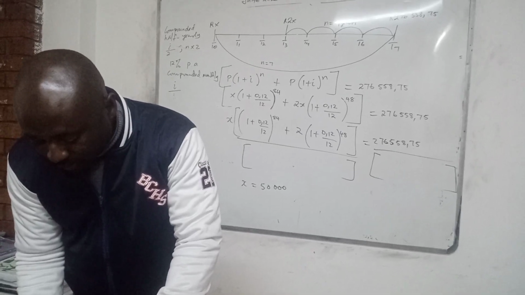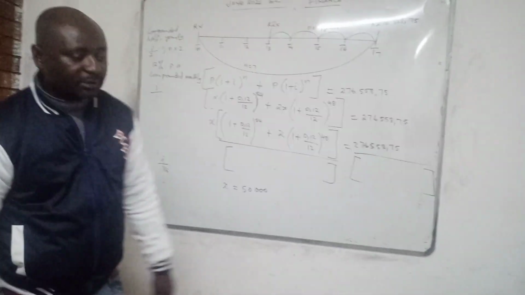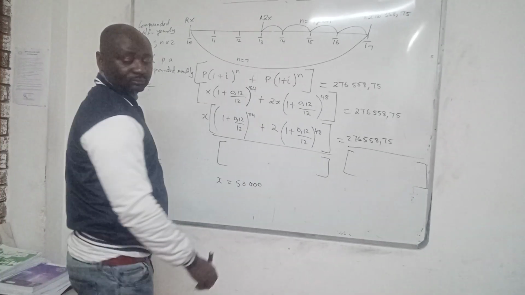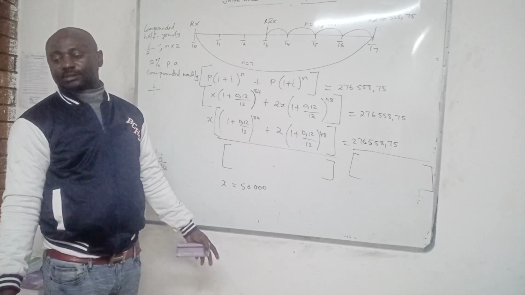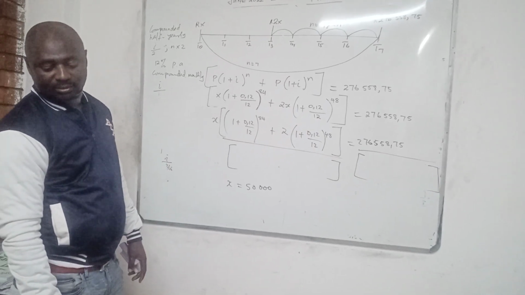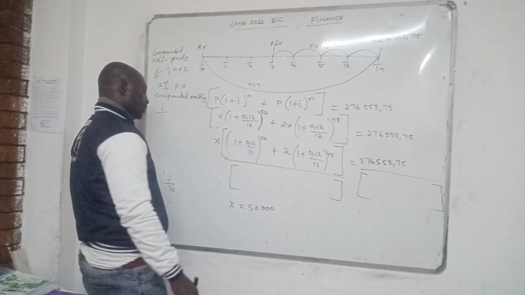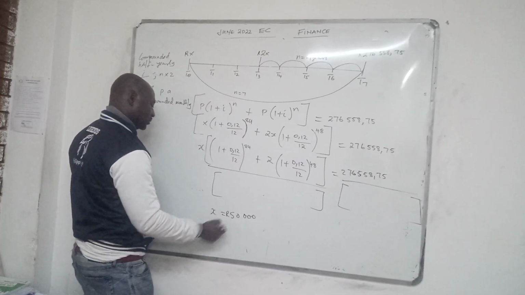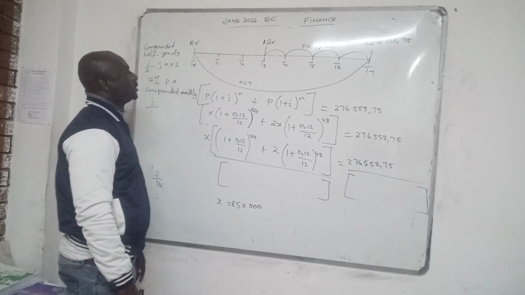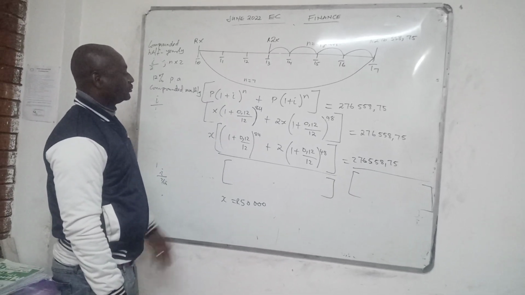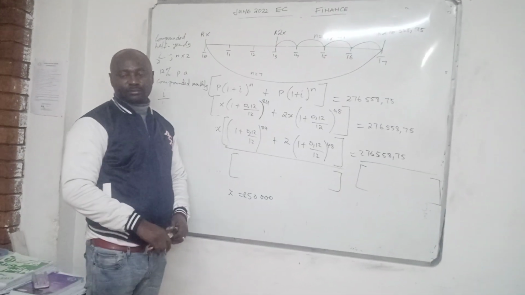X is equal to 50,000.05 cents. The question says we must calculate the value of X, the initial deposit. So, yeah, 50,000 rands was deposited. And that's what we did.